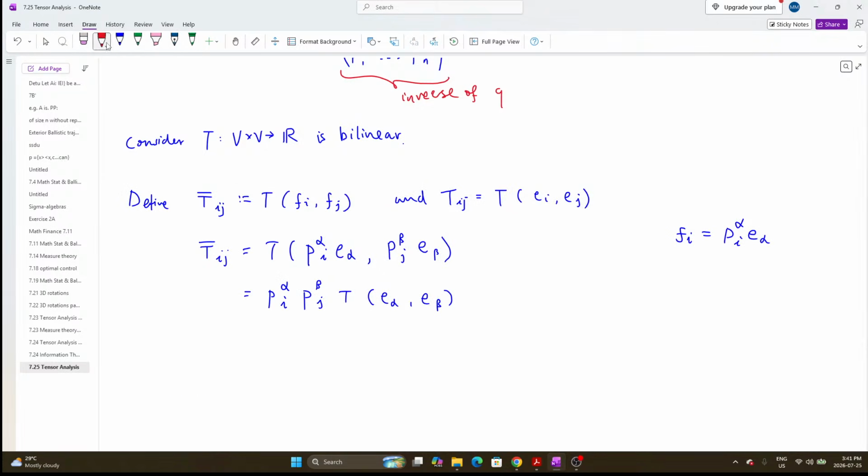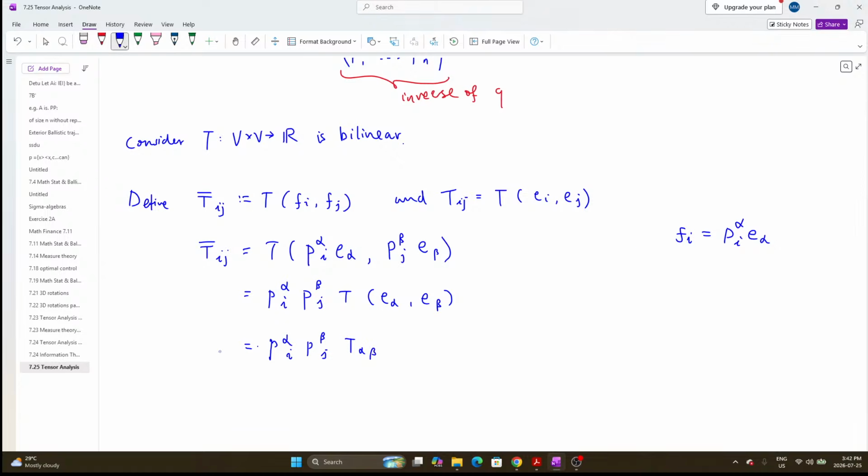So guess what? This is just P^α_i P^β_j, and then T_αβ. Boom, you're done.